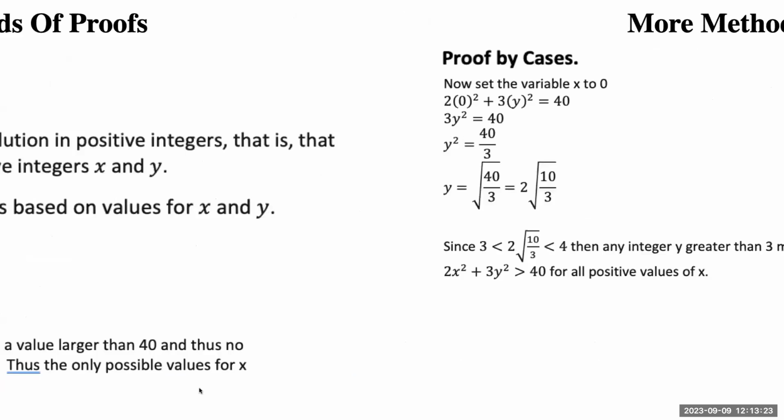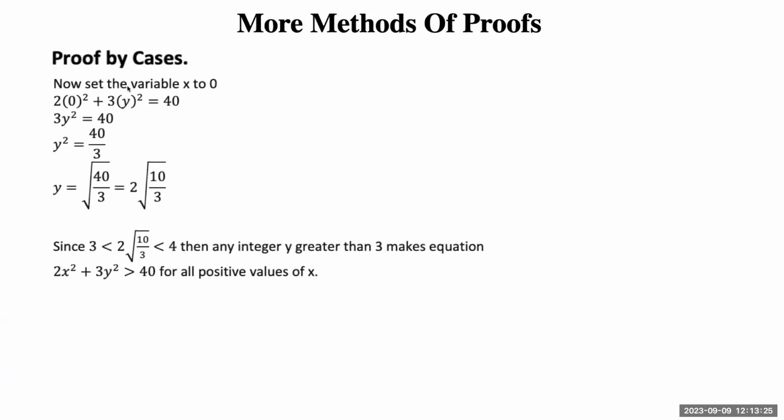All right. Now you do the same thing. We'll set x equal to 0. We'll have 2 times 0 squared plus 3y squared is 40. So that means 3y squared is 40. Divide both sides by 3. Y is the square root of 40 over 3, or 2 root 10 over 3, which ends up falling somewhere between 3 and 4.